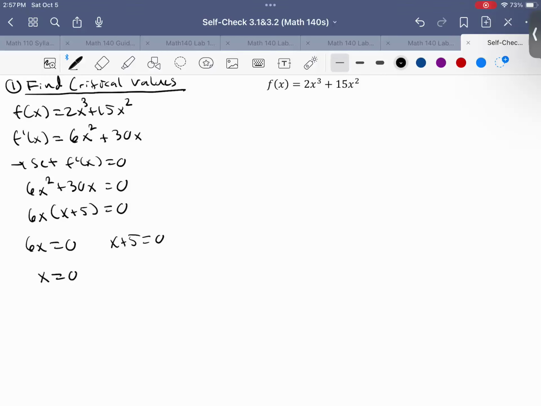Dividing by 6 on both sides gives 0, and then subtracting 5 from both sides, x equals 0 and x equals negative 5. So these are my critical values.